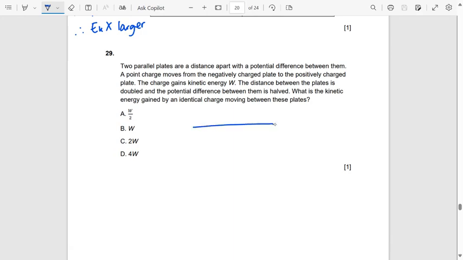Okay, so we've got 2 parallel plates. Let's say that one's positive and then that one's the ground. So 2 parallel plates are a distance apart with a potential difference between them. A point charge moves from the negatively charged plate to the positively charged plate.